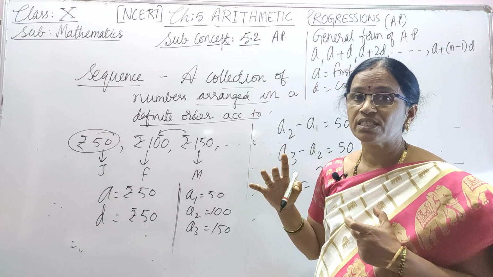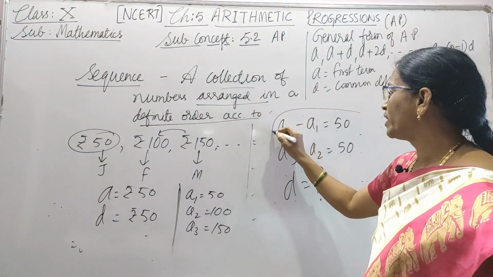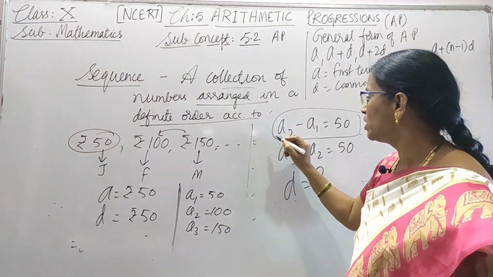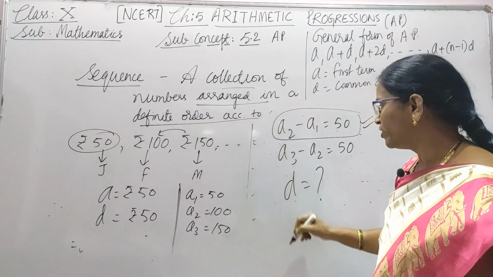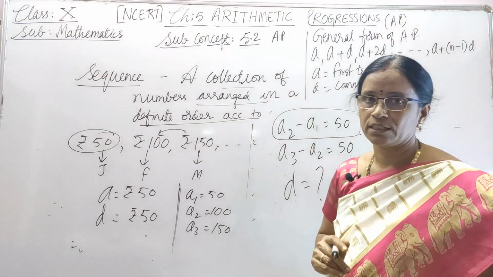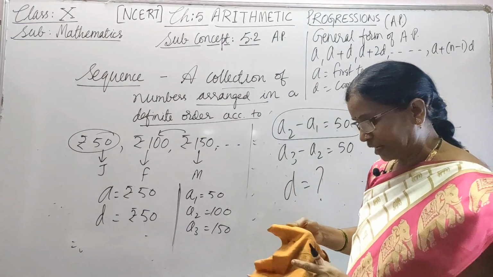Then just doing A2 minus A1 will give you the common difference. You need not do A3 minus A2 and all that every time.